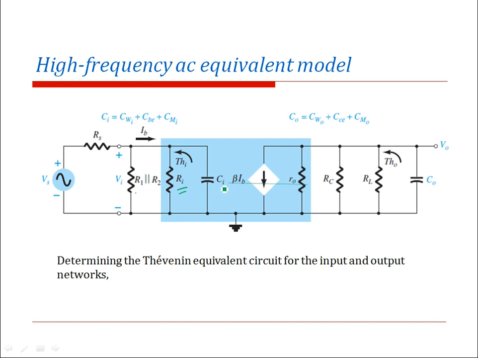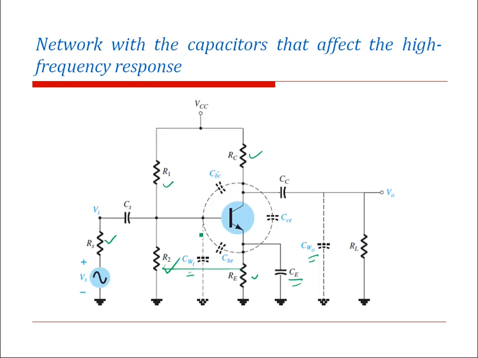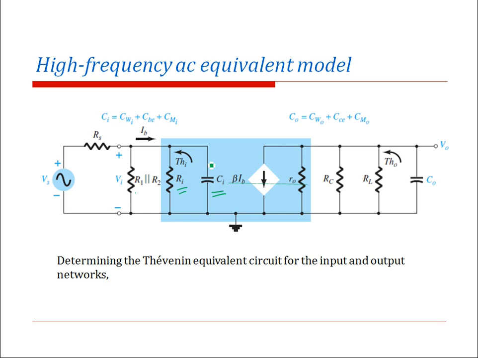Then we have Ci representing the wiring capacitance and the CWi and CBE, but CBC will be represented in terms of the Miller input capacitance, because we have seen how the CBC is affecting the input effectively. You have the Miller input capacitance, because you have the gain factor also coming there, and we have derived the expression for CMi in terms of CBC.